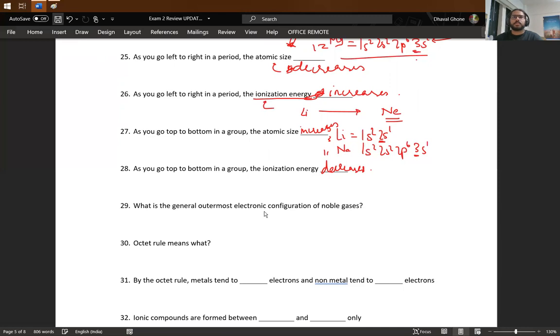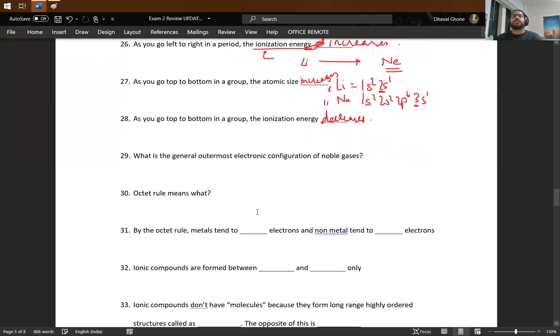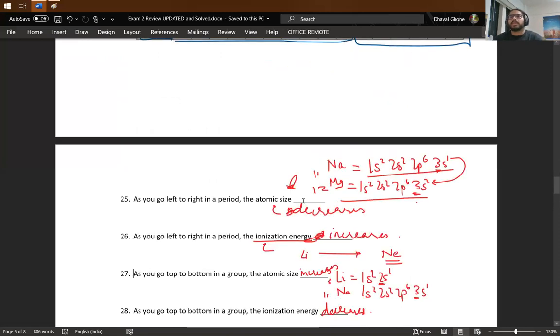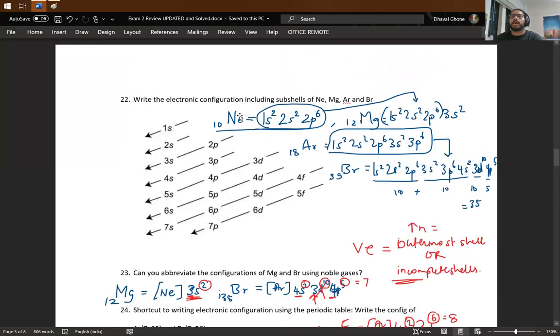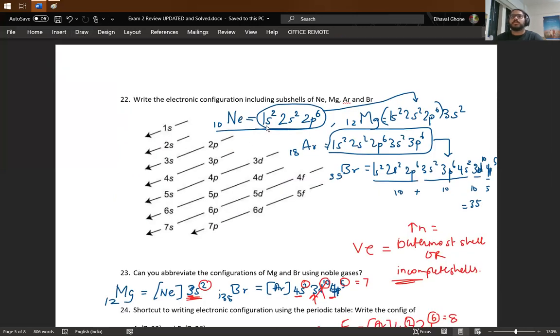What is the general outermost electronic configuration for noble gases? If you go back to where we had neon and argon mentioned, neon ends with 2s2, 2p6, while argon ends with 3s2, 3p6, so you can predict that krypton, the next one, would end with 4s2, 4p6.